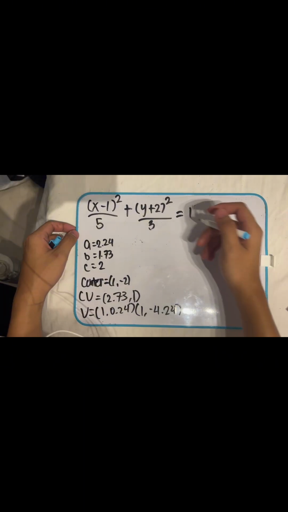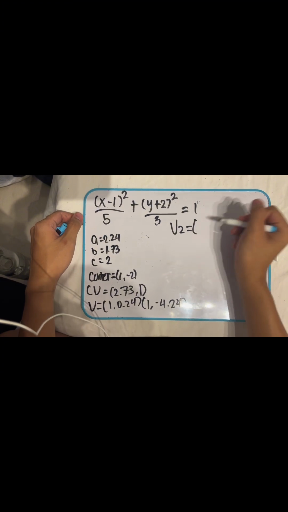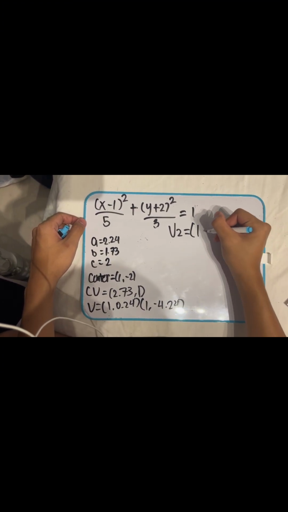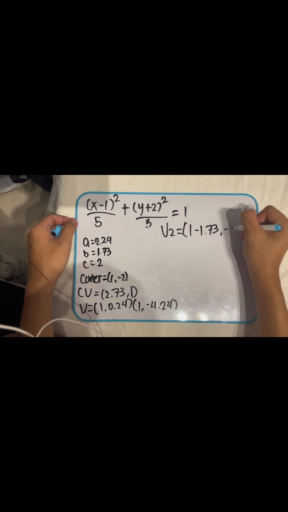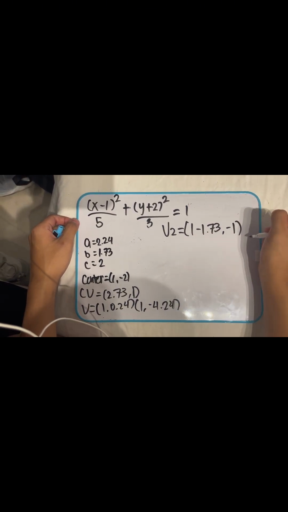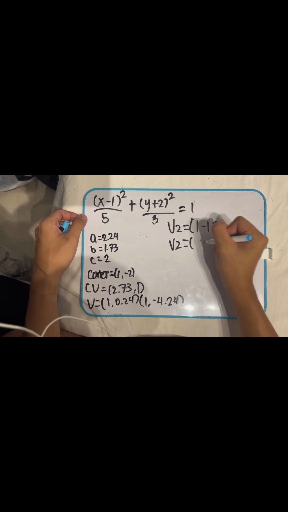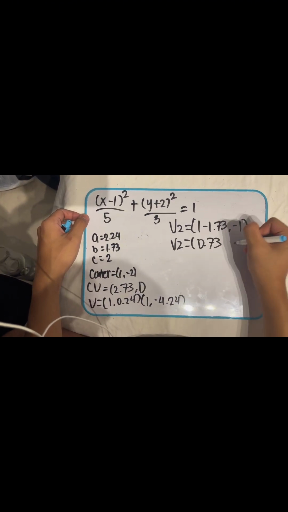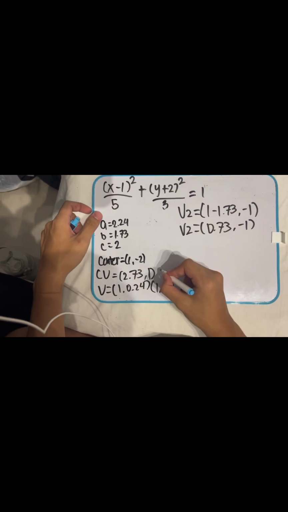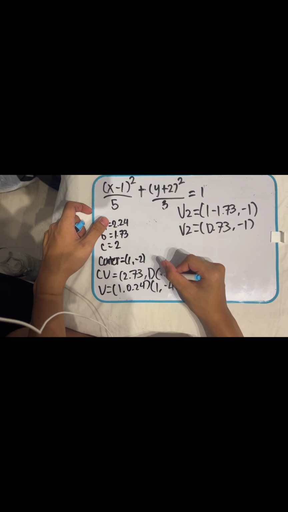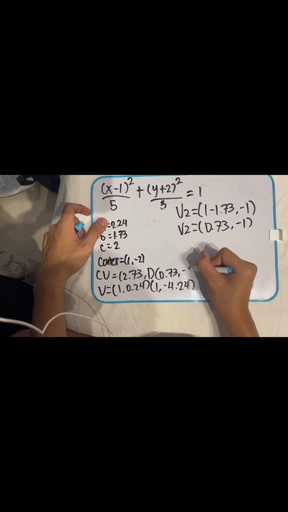Next, let's compute for V2. We have 1 minus 1.73 comma negative 1. So V2 equals 0.73 comma negative 1. That's the value of our second co-vertex, 0.73 comma negative 1.